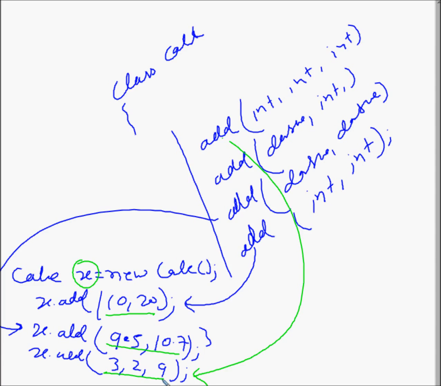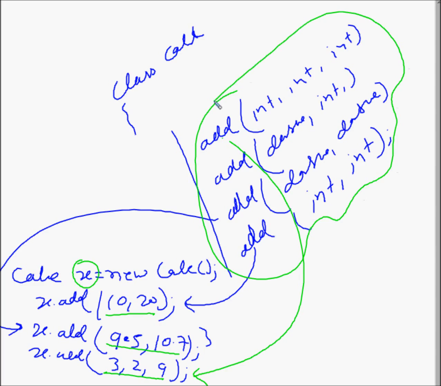Now, how can we implement polymorphism? We have to use method overloading. I'm writing the same method again and again, many times with different arguments, and this is called method overloading.